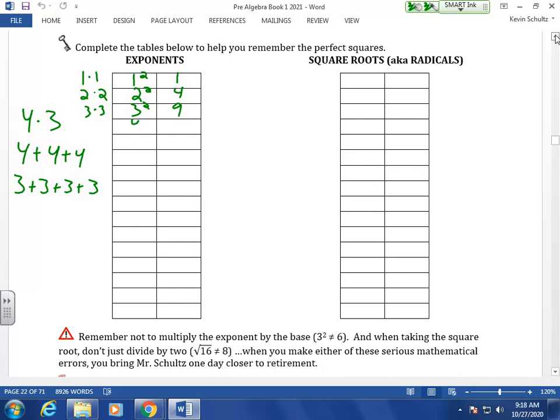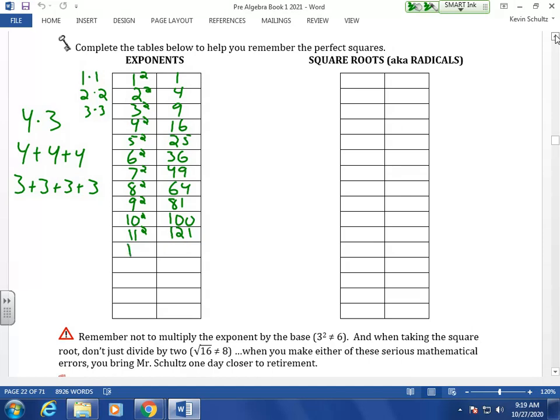4 squared is 16. 5 squared, 25. 6 squared, 36. 7 squared, 49. 8 squared, 64. 9 squared, 81. 10 squared, 100. 11 squared, 121.